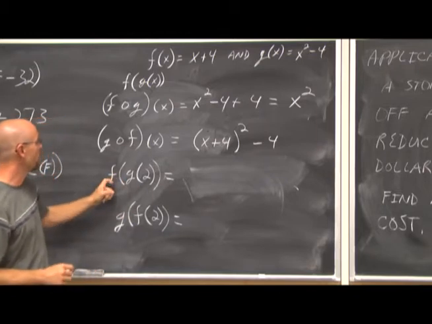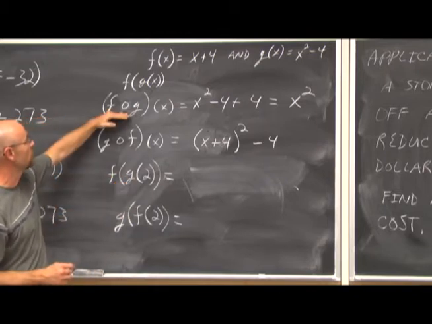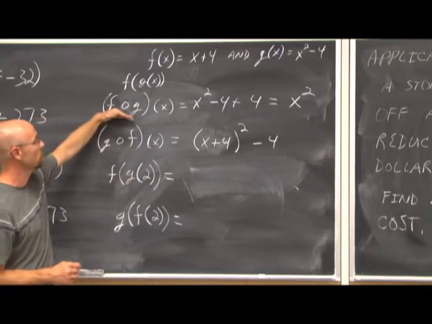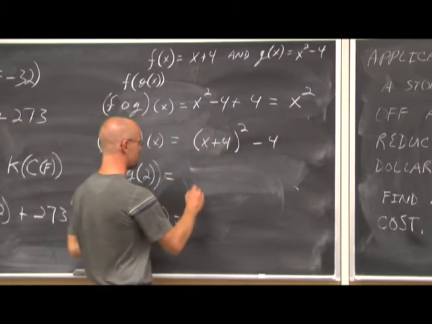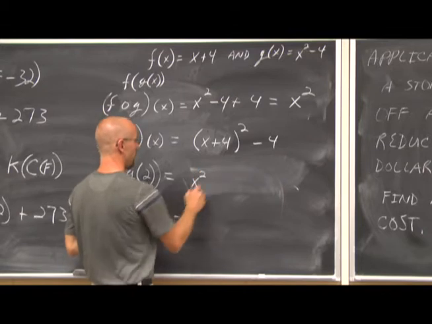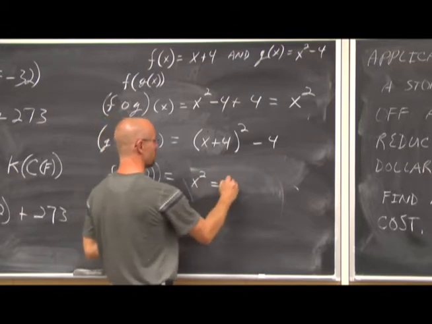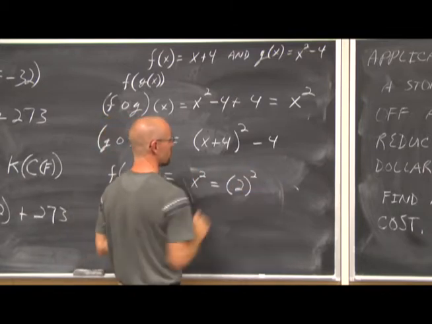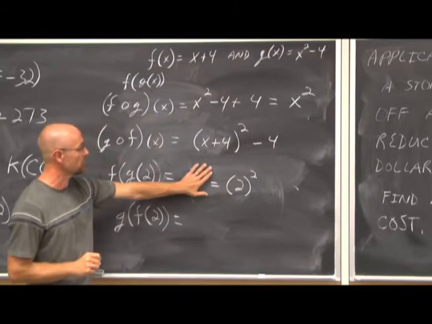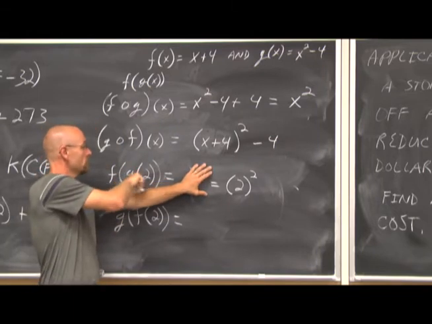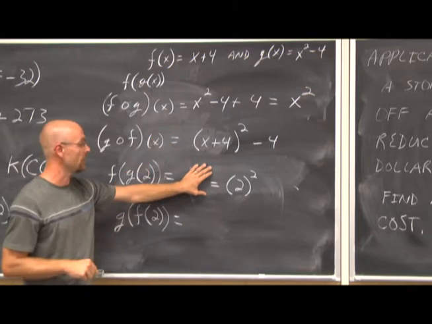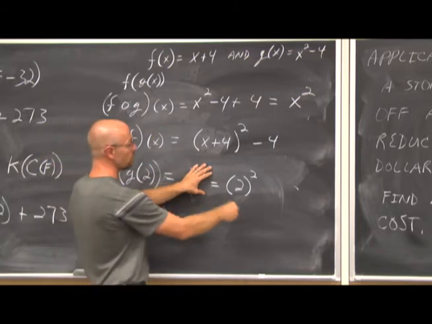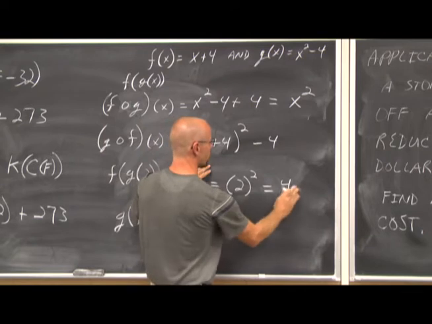Well, since we've already found f of g of x, different notation, instead of doing all this math, I can just take my composite function and evaluate it for 2. This is an intermediate step that you really don't need. It's just saying find this value and plug it in, while we take the composite function and plug in that x value. Well, we know 2 squared is 4.